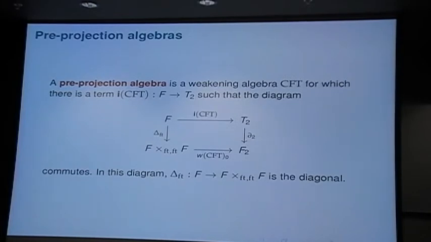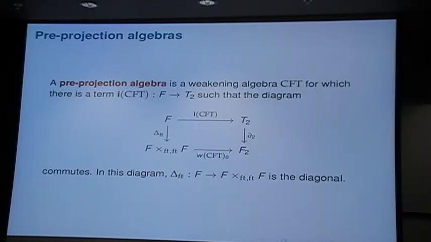A pre-projection algebra is one where you have a term or a morphism I for the unit that goes from a family to a term at level 2. And there's some diagram to compute. First you go down with the diagonal to the family A, comma A. The pullback is with 2 times foot, so it's not the F2.